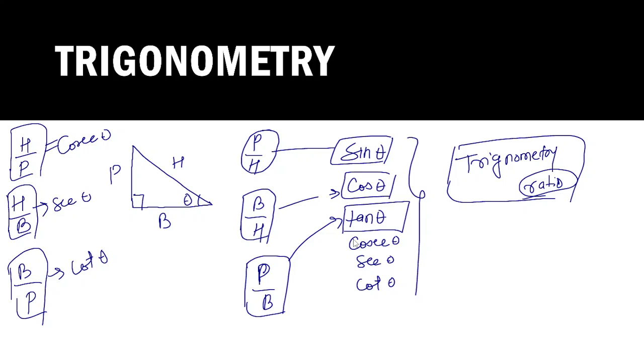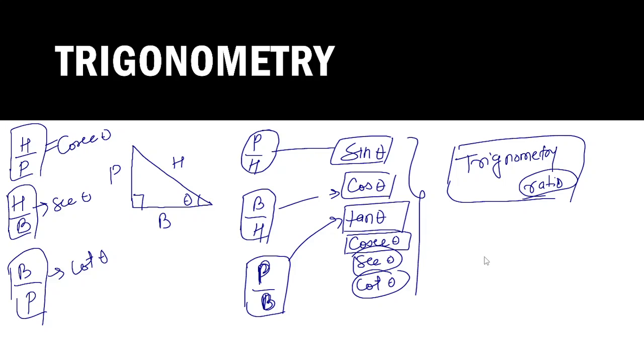Tan theta is the ratio of perpendicular and base of the right angle triangle. Cosec theta is the ratio of hypotenuse and perpendicular, and sec theta is the ratio of hypotenuse and base. Cot theta is the ratio of base and perpendicular.